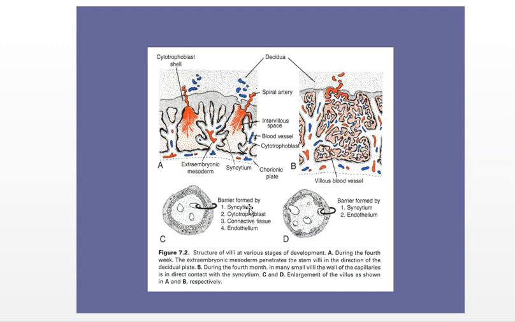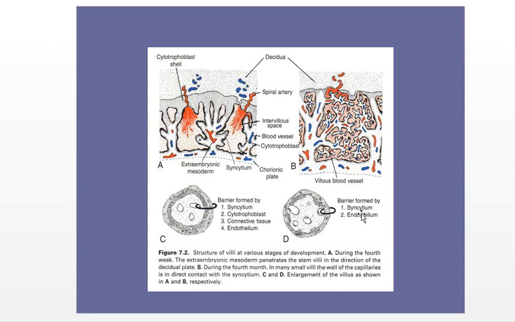But during the 4th month, in many small villi, the wall of the capillaries is in direct contact with syncytium. You compare these 2 pictures, and we say that the barrier diminished to 2 layers, syncytium and endothelium. This happens for faster circulation.